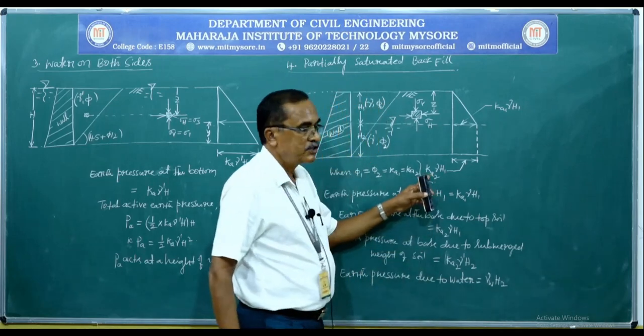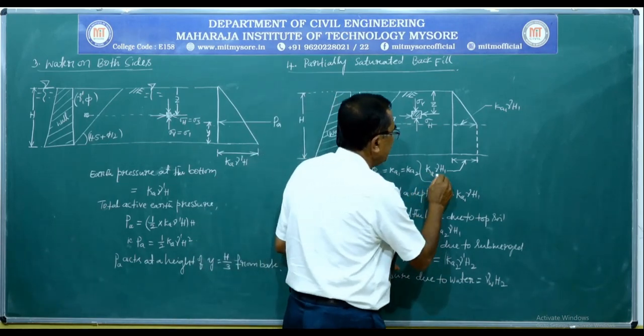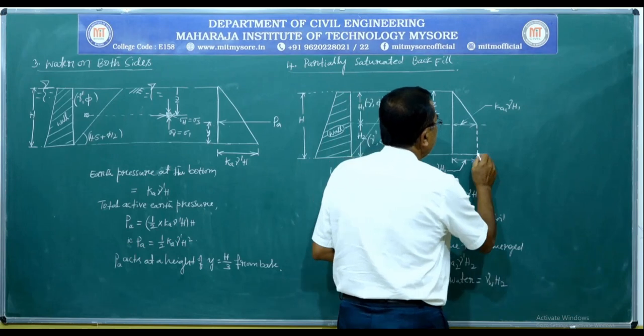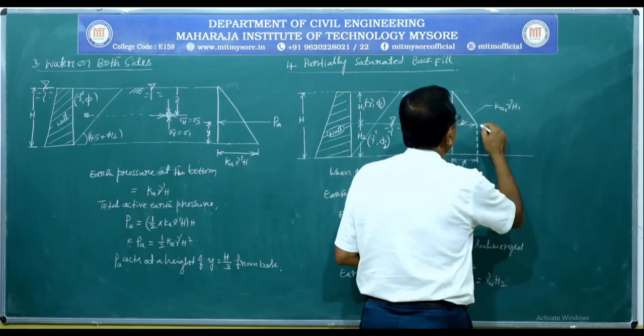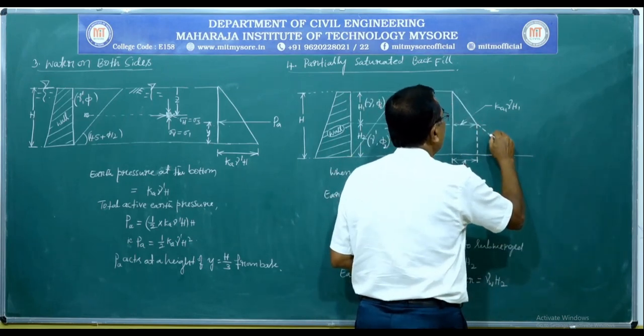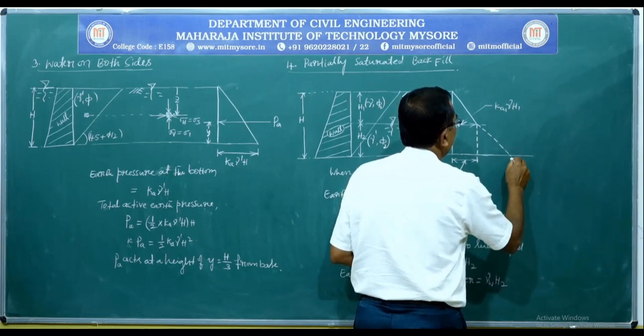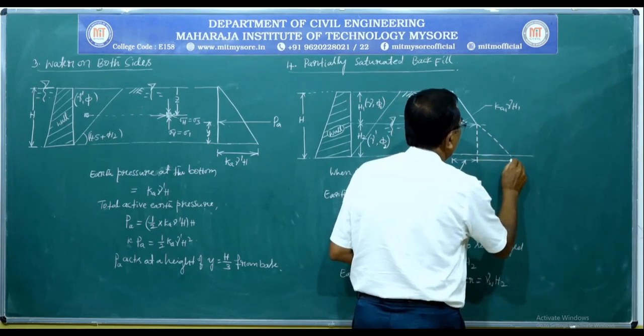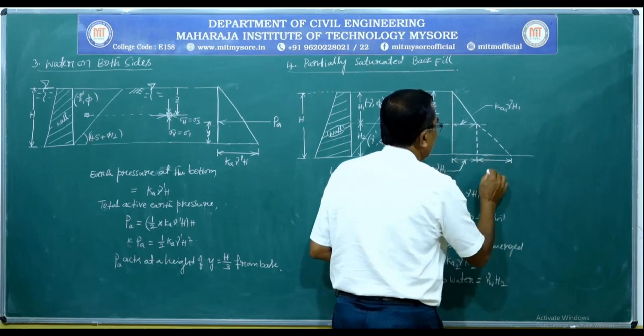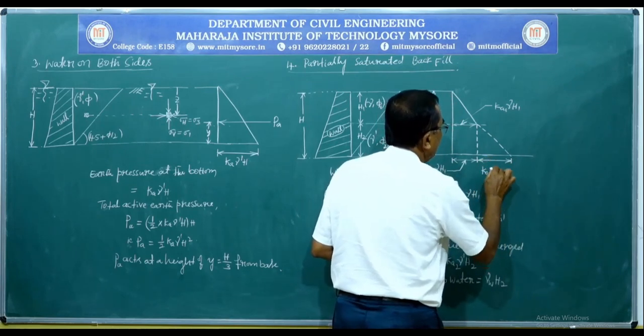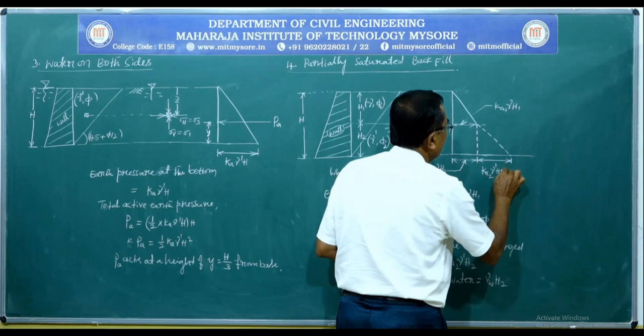This is due to surcharge. Next, earth pressure at the base due to submerged soil is equal to Ka2 into gamma dash into H2.